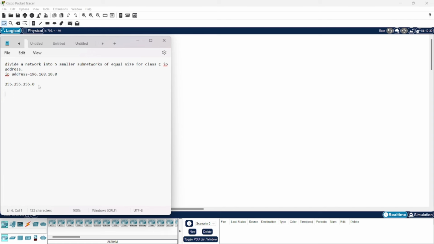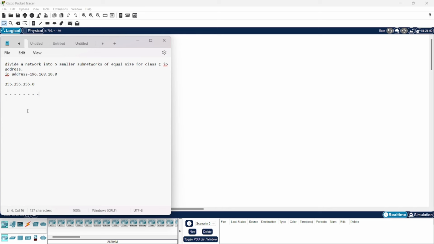Now we have to divide our network into 5 smaller subnetworks. So we would take the last host bits here. These 8 dashed lines here represent the host bits. Now we have to divide them into 5 smaller subnetworks.